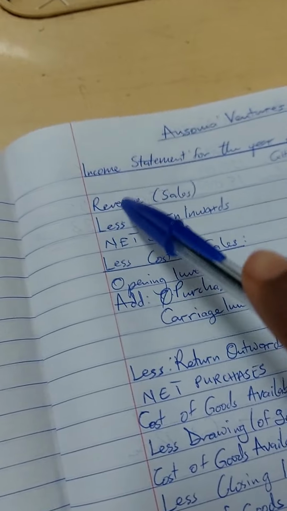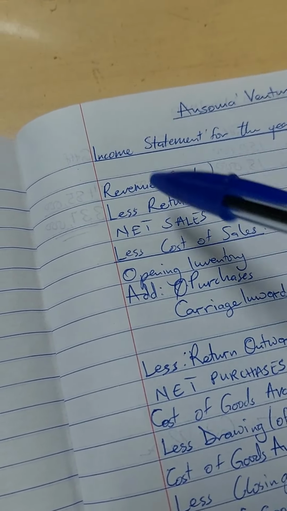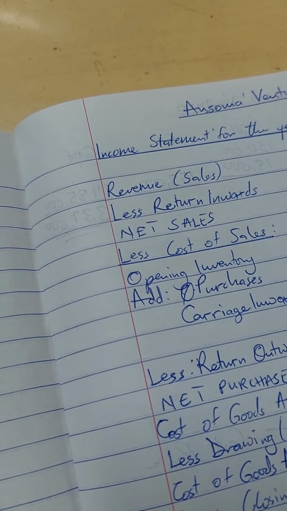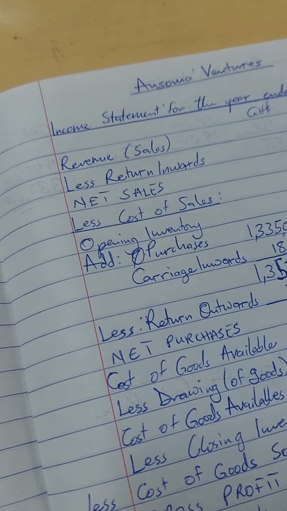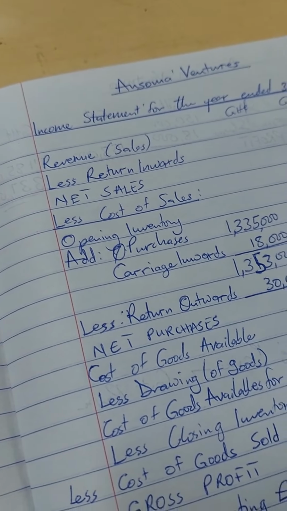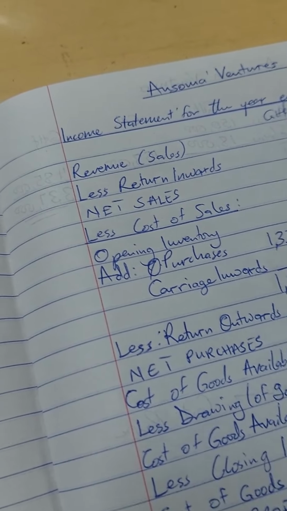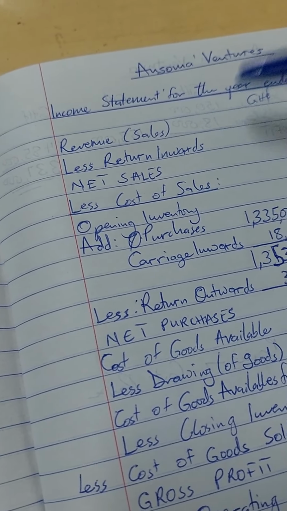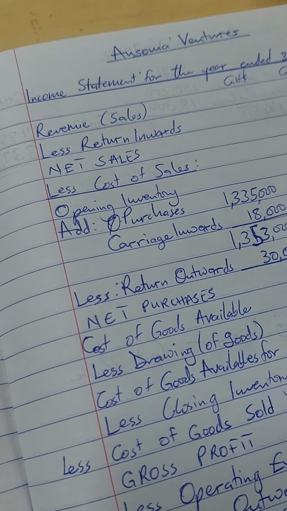So the first one is sales. Another name for sales is revenue. Then, after getting your sales figure, you less return inwards. Return inwards means goods that people bought but returned to the firm. In business, when someone buys goods and the goods are faulty, the person is allowed to return them, and not just on the basis that they are faulty.